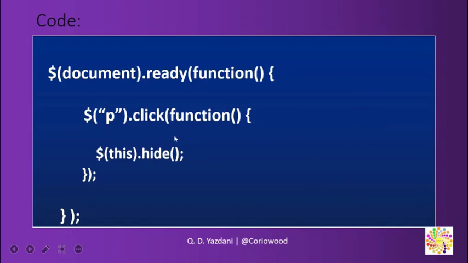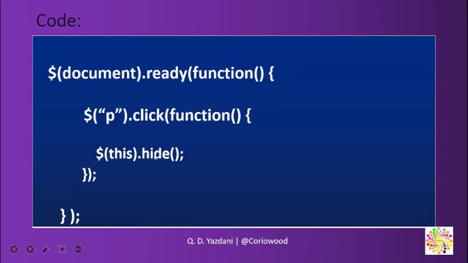Or if you have a button, you can put your button here. You can use the ID, for which we put a hash, or a dot with the class, in case of a class, then dot click, and put the function inside. So what happens when the user clicks this one? What happens when it's clicked? Then we put a jQuery dot click, then this dot show.